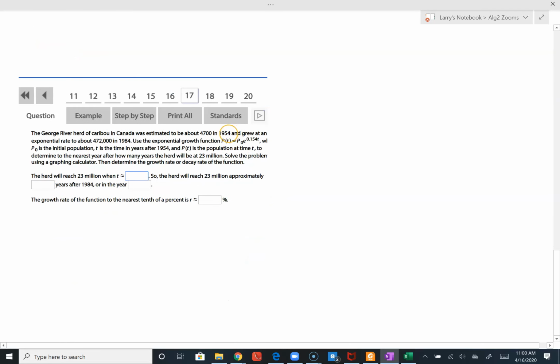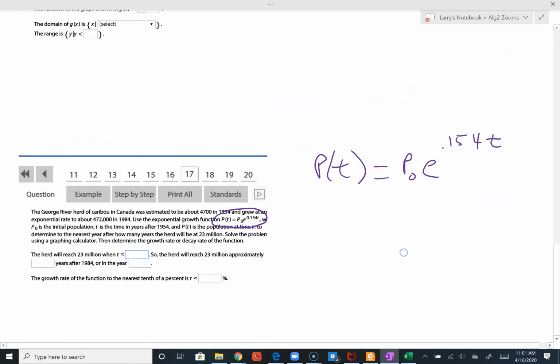Number 17, we have this function, P of t equals. P of t is just the output. It's some final number of caribou or whatever it is that we're looking at, a population at some time t. This P naught is some initial value. E is our number e, 0.154 to the t power. I want to point out that this really is just our standard form of our exponential.